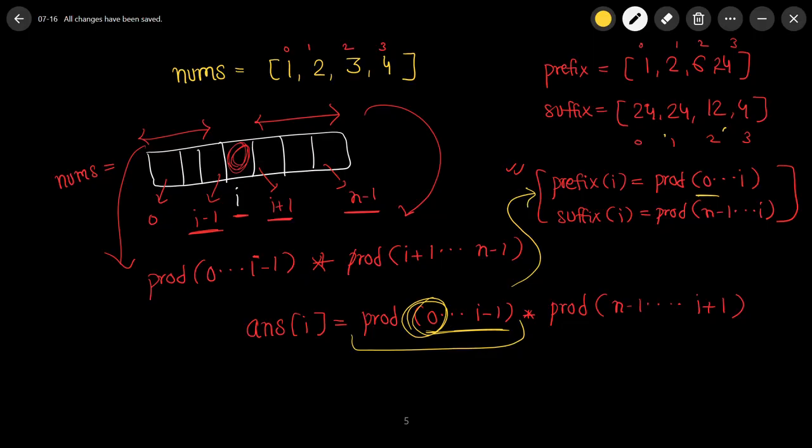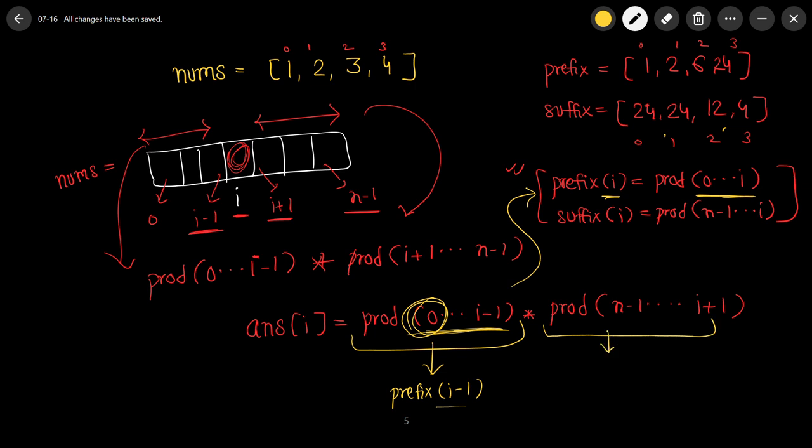So product of 0 to I minus 1 is nothing but prefix of I minus 1. You can cross check. Prefix of I means product of 0 to I. So prefix of I minus 1 would mean product of 0 to I minus 1. So that's why this thing is replaced by prefix of I minus 1.